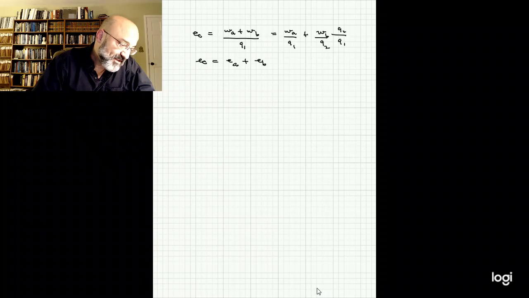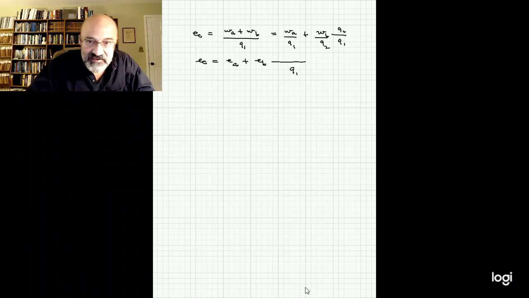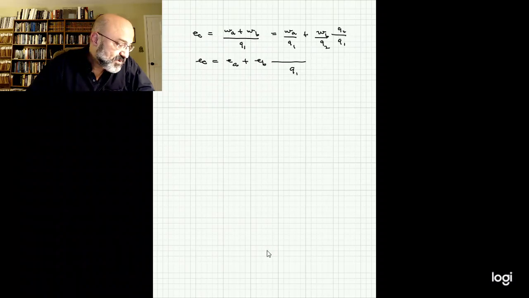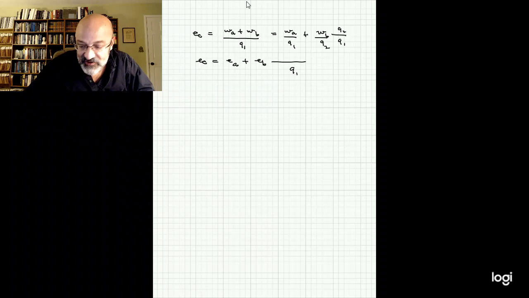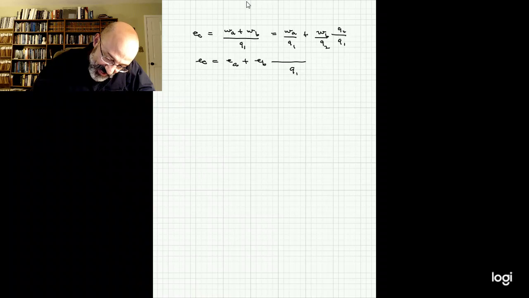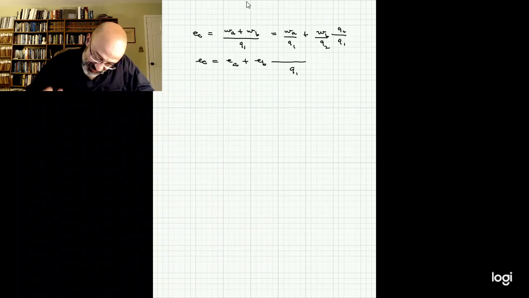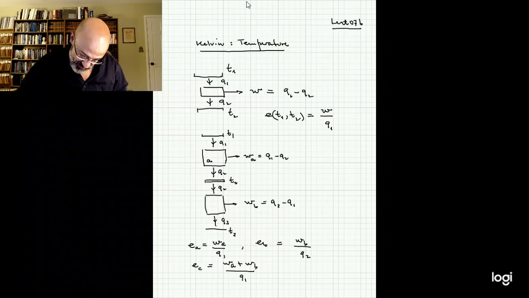Let me see, I need to write an expression for Q2. Yes, I have an expression for Q2. Okay, what is it that I wanted to do here? Q2 is going to be Q1 minus W. It's from here.